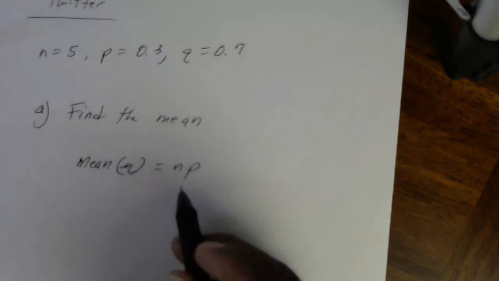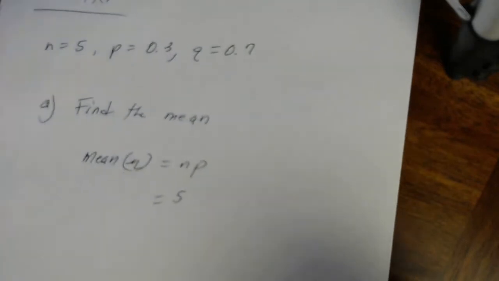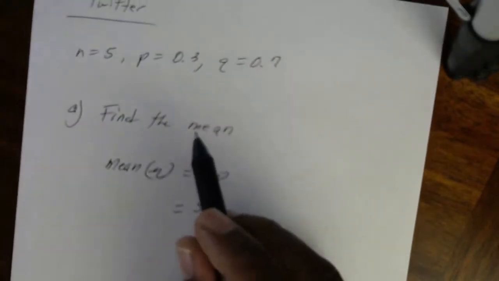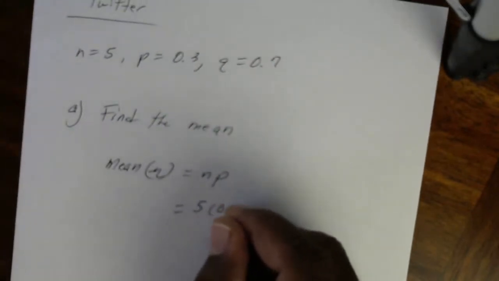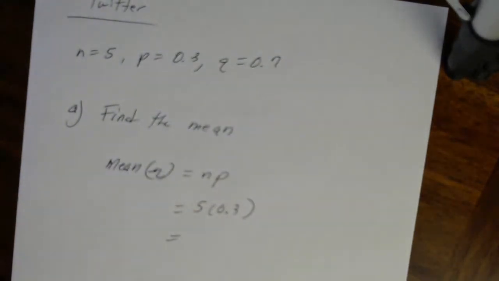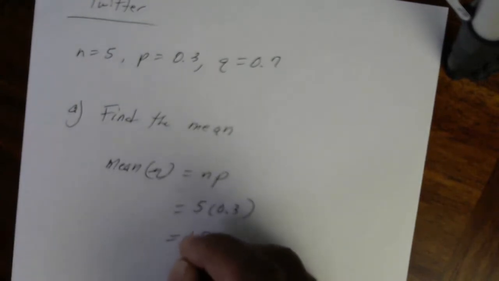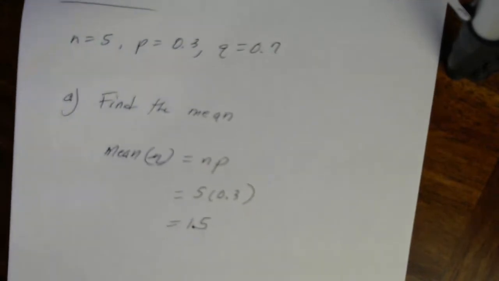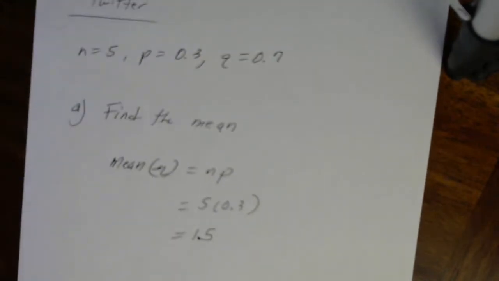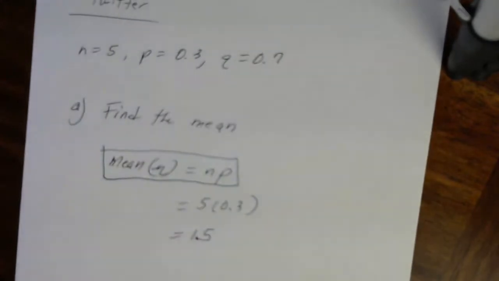So in order to find the mean, I'm going to substitute n for 5 and p for 0.3. Once I multiply 5 times 0.3, I get 1.5 as the mean. From our formulas, we simply multiply n times p.